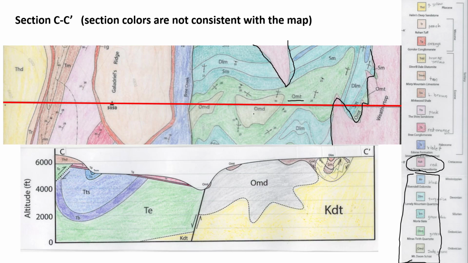How the contact is changing between these units and KDT, you can choose any irregular contact you want, because no one knows how it takes place. We don't have the subsurface data, so you are free to put any kind of contact you want. I just wanted to show you how you go step by step.